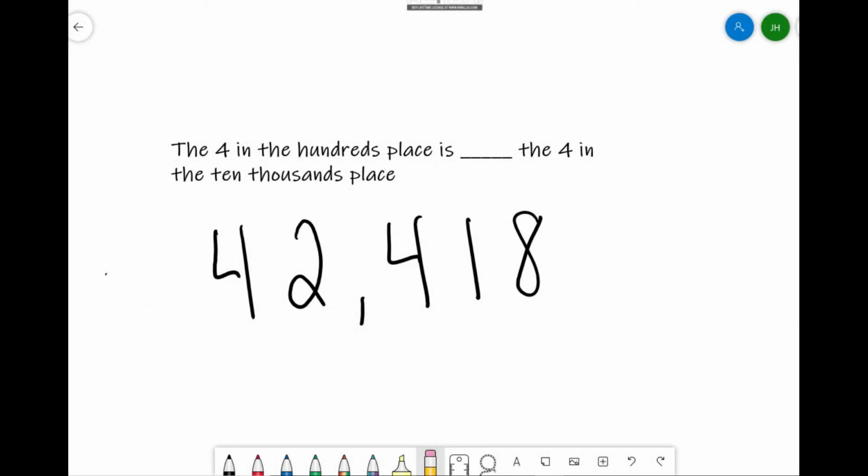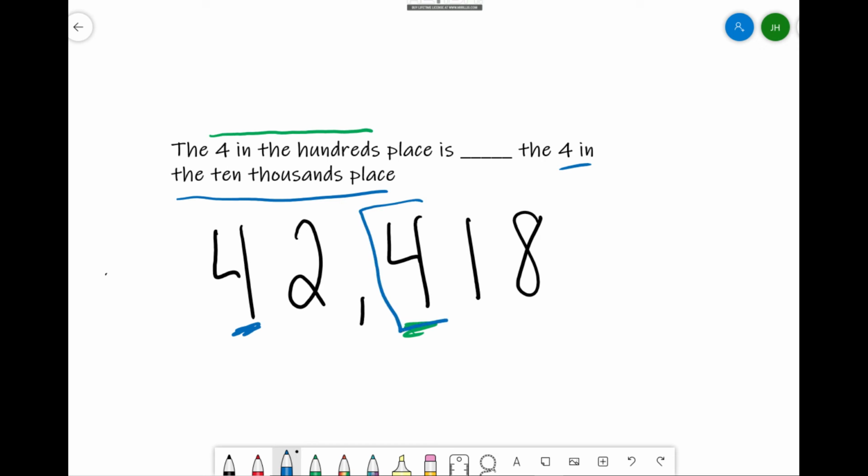Now, here we have the same number, but the wording is different. So now, the 4 in the hundreds place, which is this 4 right here, is blank the 4 in the 10,000s place. So this one is in the 10,000s place. So now it's wanting us to compare this 4 to this one.